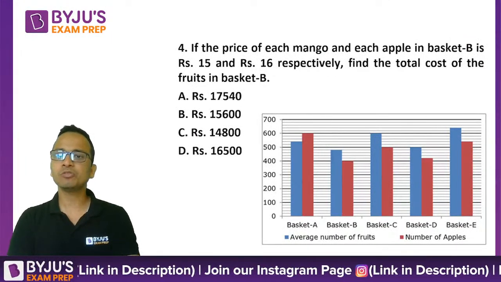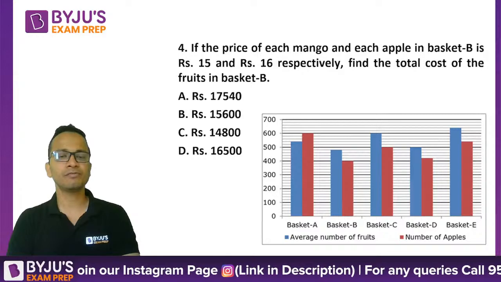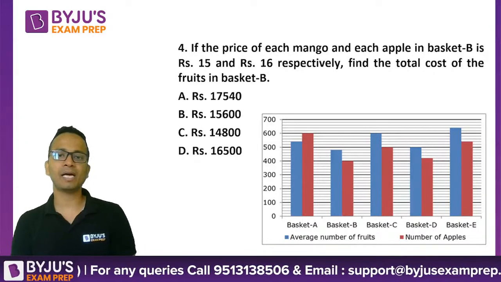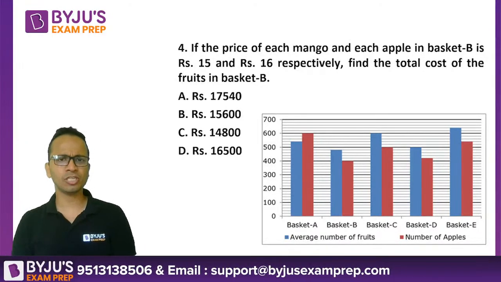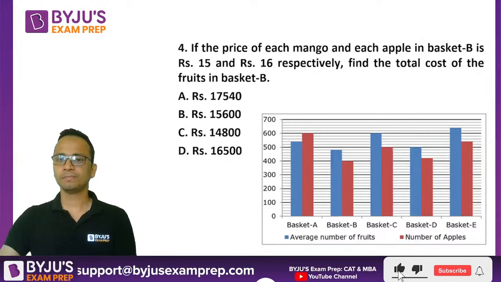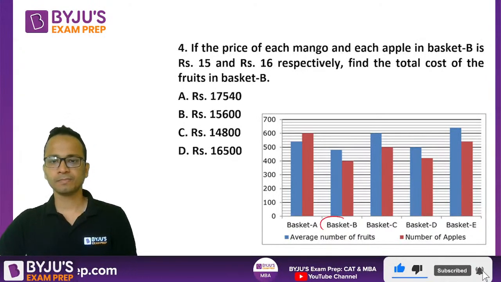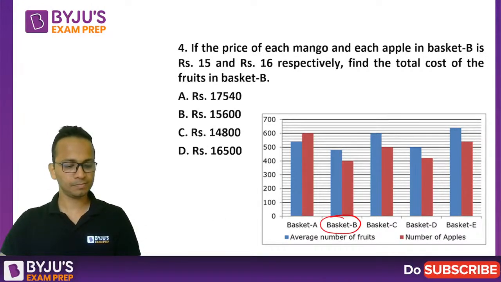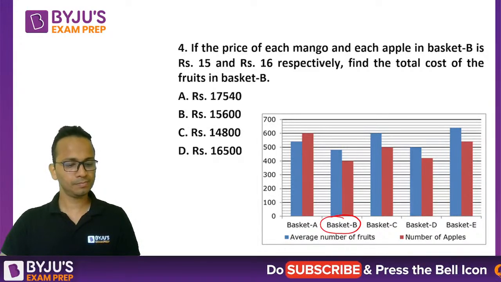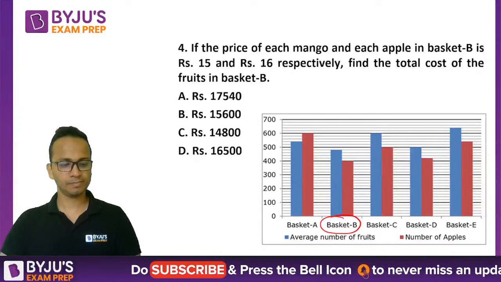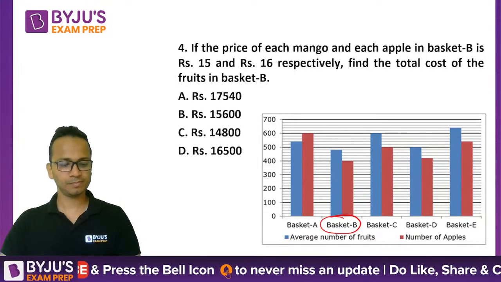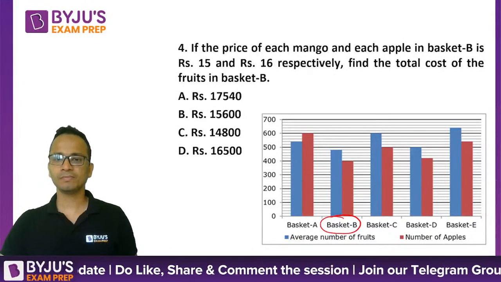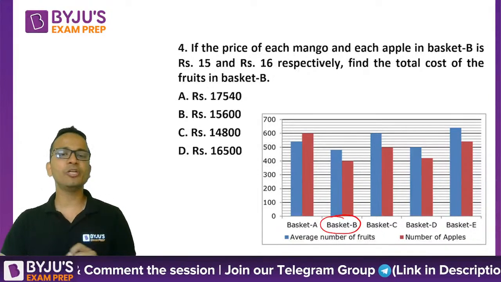If the price of each mango and each apple in basket B is 15 and 16 respectively, then find the total cost of fruits in basket B. So a little calculation will be involved, nothing more. The question is easy, calculations are required.